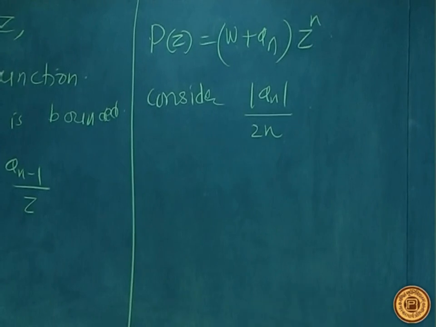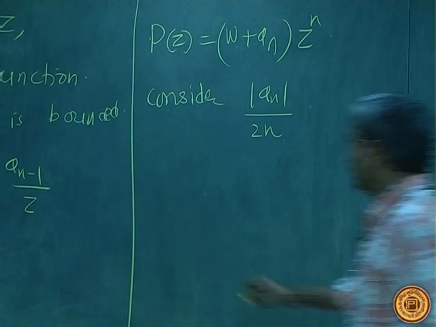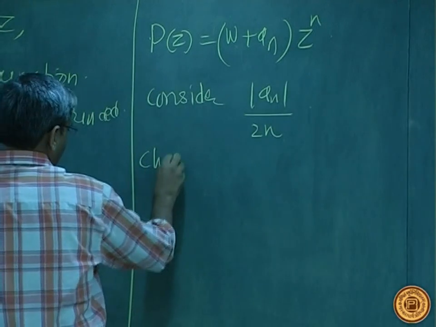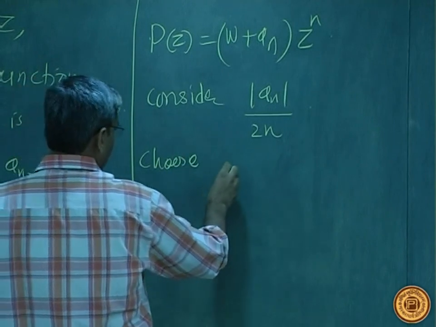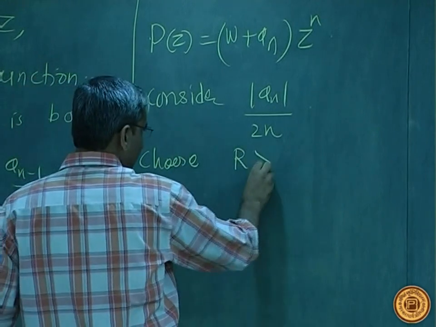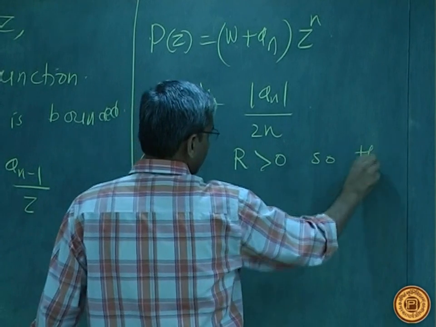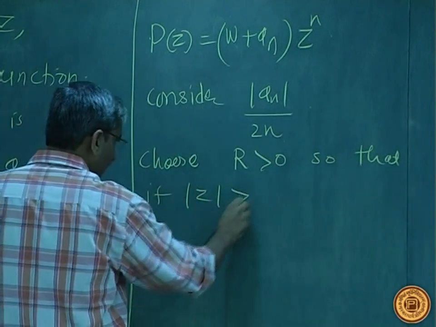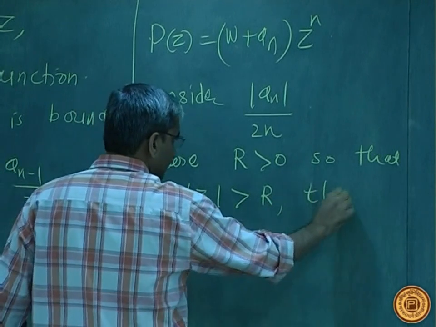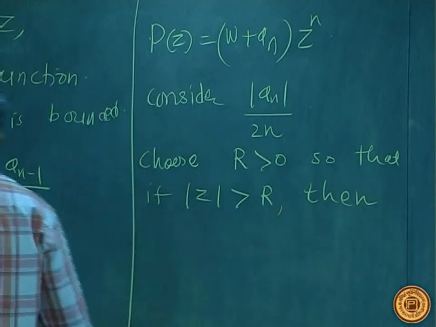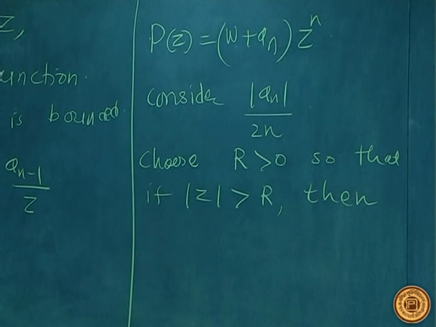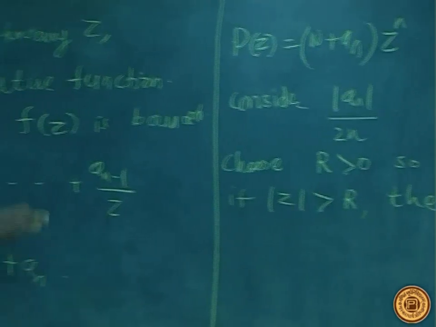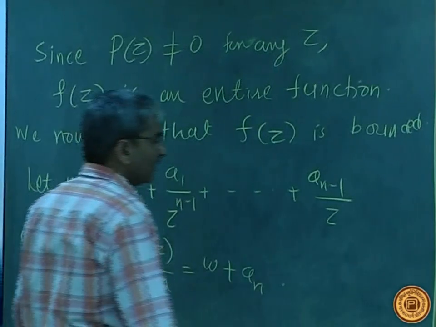Then we can choose a real number r, positive, so that if mod z is bigger than r, then each of the terms here is less than mod an upon 2n.